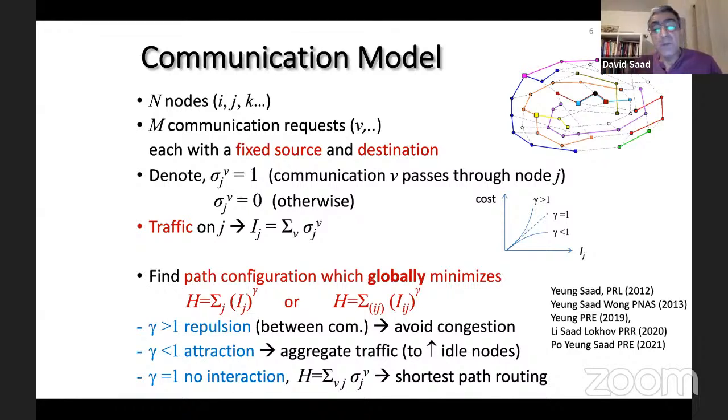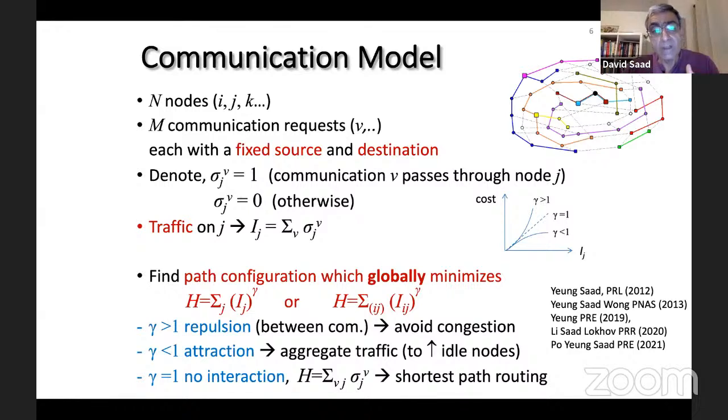Gamma equals 1 simply means shortest path. You are simply counting the number of hops that you have from source to destination. Gamma greater than 1 is a convex function that penalizes heavily high concentration on specific edges. So if gamma is large, it means that you are trying to more or less spread the load as much as possible.